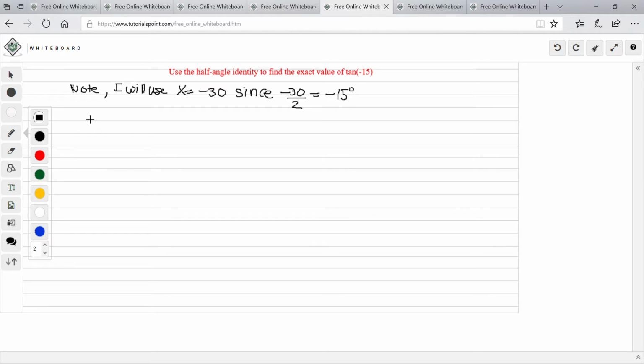So I will use this formula, tangent of x over 2 equals plus or minus. You can use the other tangent formula if you want.